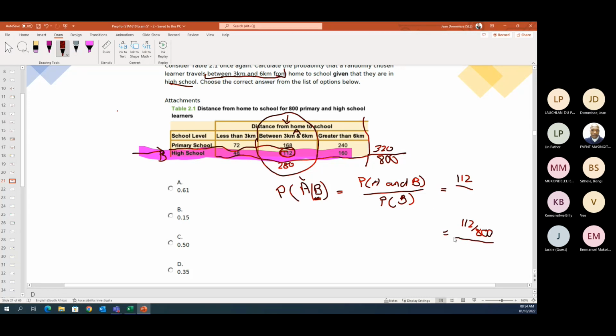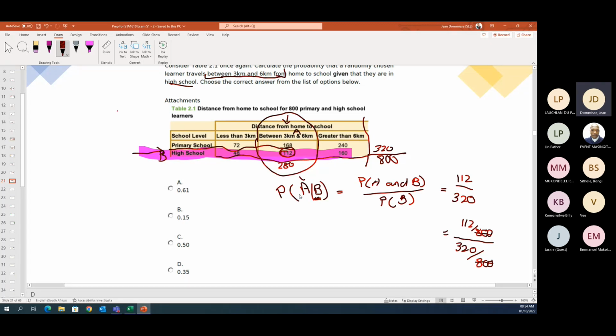So we could have said, okay, well, we need to divide that by 800 because we need to get the probability. Or we could have used it just as that, because in the end, these two 800s, when we're using math, will in any case be cancelled out.